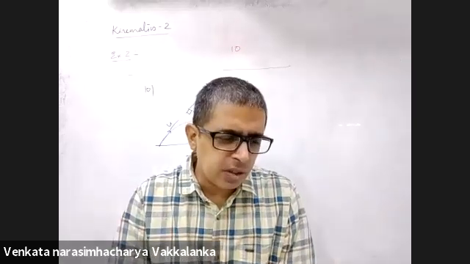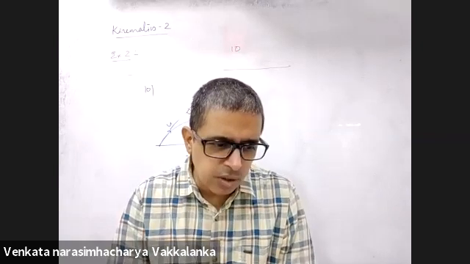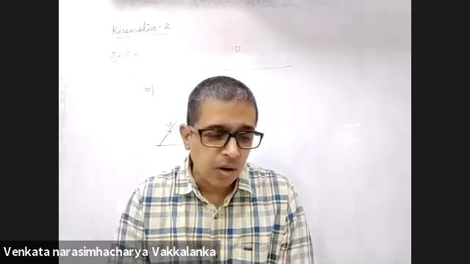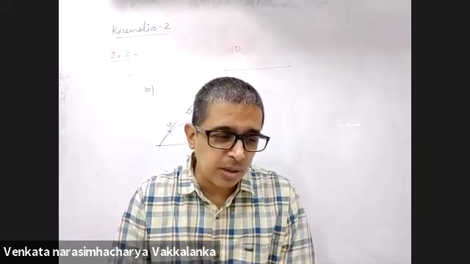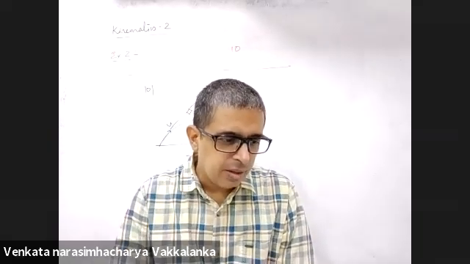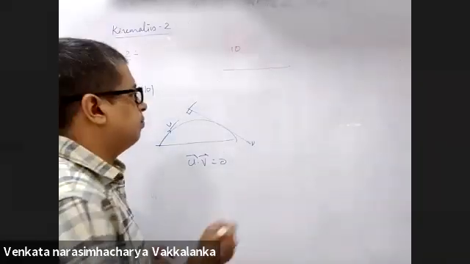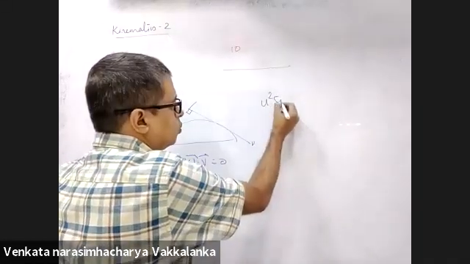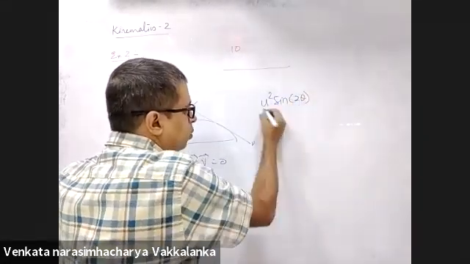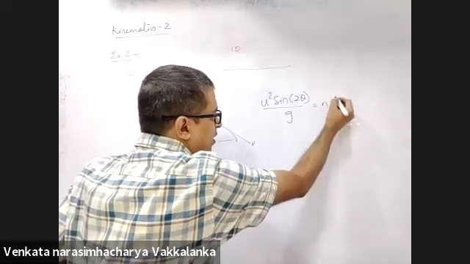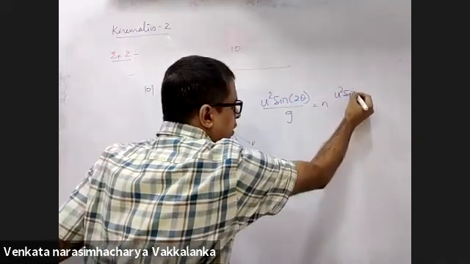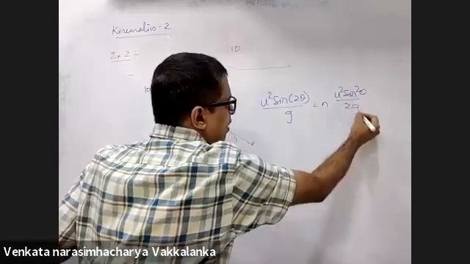So R is equal to u square sin 2 theta by g. u square sin 2 theta by g is n times u square sin square theta by 2g.